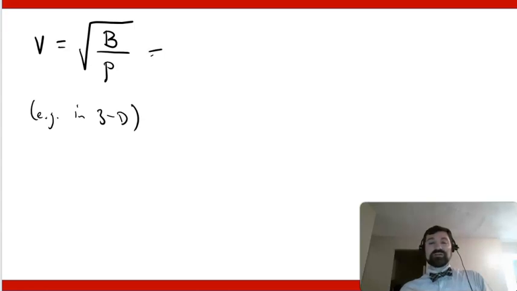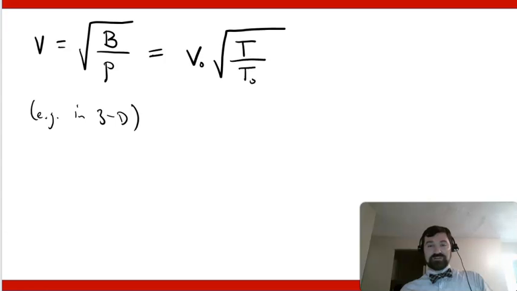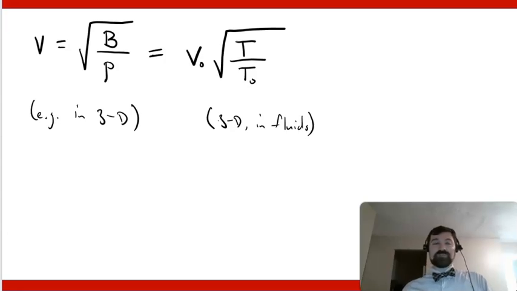If you want that in a fluid, then this happens to be equal to some calibration speed times the square root of the temperature divided by the calibration temperature. So this is 3D in fluid. So gases, liquids, that kind of thing.